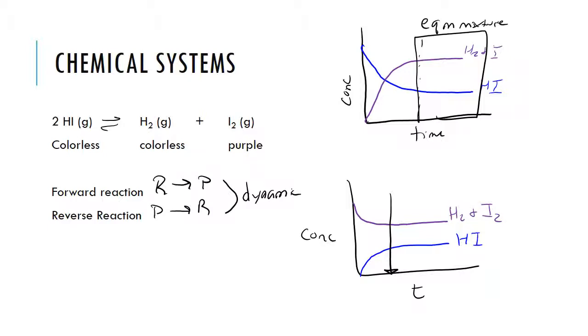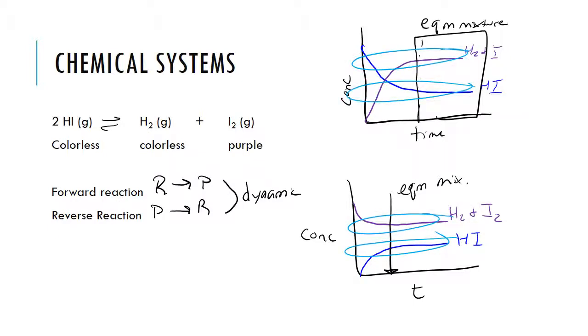Once again, here's the time where equilibrium is reached, and here is your equilibrium mixture. They're going to be roughly, not that I have a really good graph, at the same amounts as if we started with reactants first. So you can start with only reactants or only products or a mixture of the two, but as long as you're under the same conditions, the same equilibrium mixture will be created.